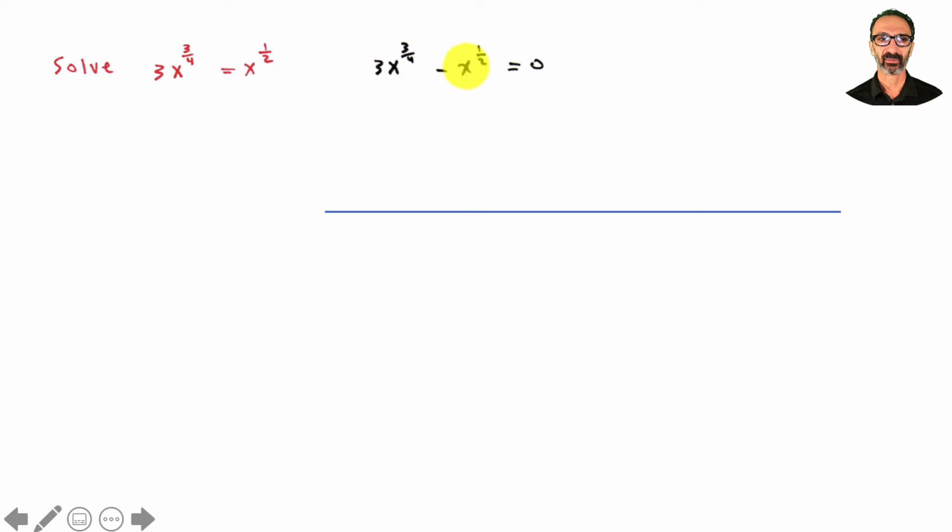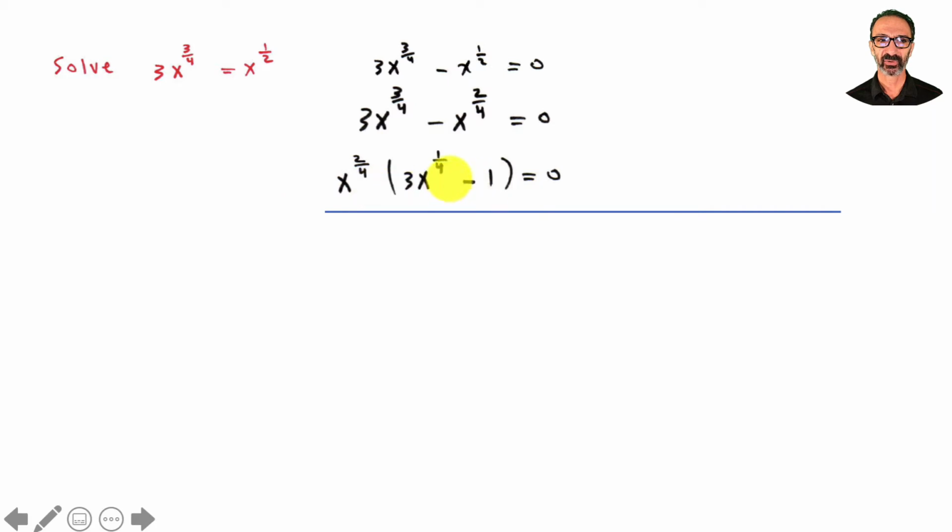Now x to the power 1/2 with x to the power 3/4, we need a common denominator for those exponents, and it's 4. So I'm going to rewrite 1/2 as 2 over 4. This way I could factor out x to the power 2/4 from both terms.